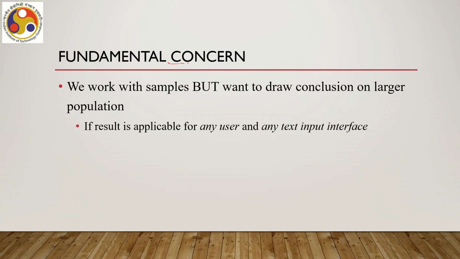So, the fundamental concern here is that we work with samples, but want to draw conclusions on the larger population, whether the result is applicable for any user and any text input interface in our example.